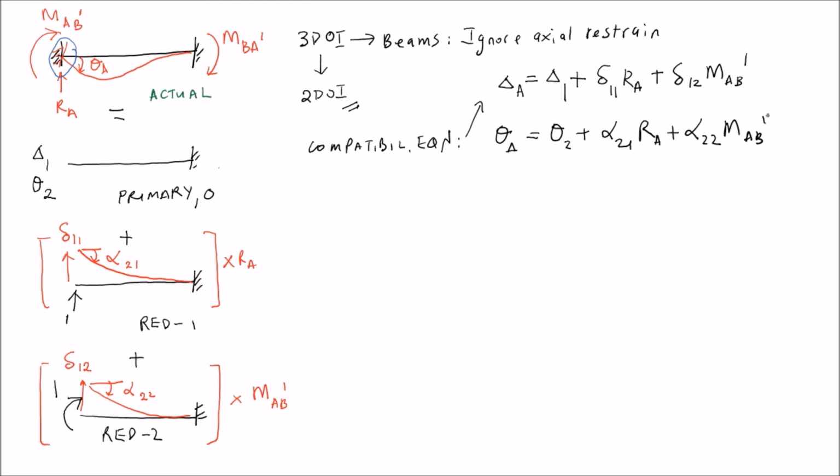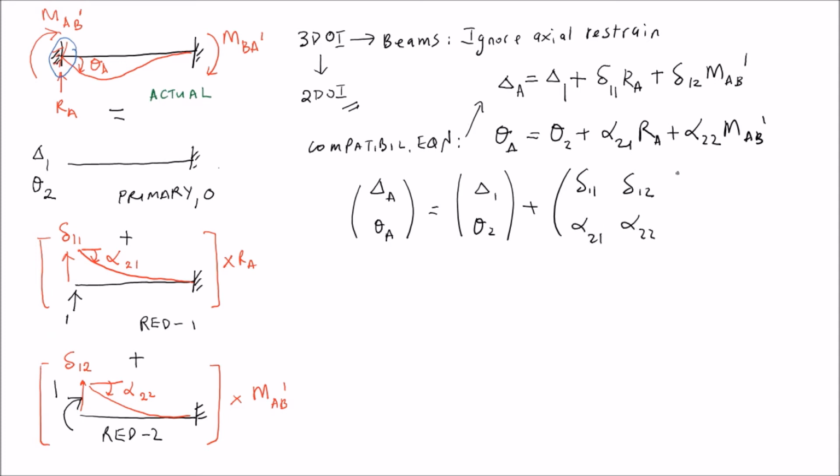So you can also write it down in matrix format. In matrix format, you will get delta A, theta A equals delta 1, delta 2 plus the matrix delta 11, delta 12, alpha 21, alpha 22 multiplied by RA and MAB prime.